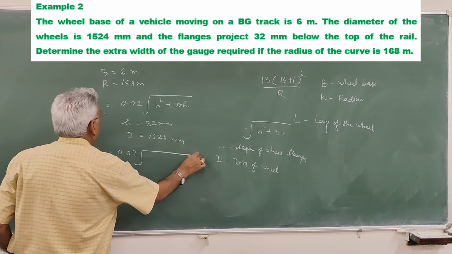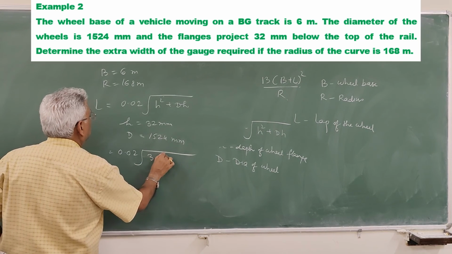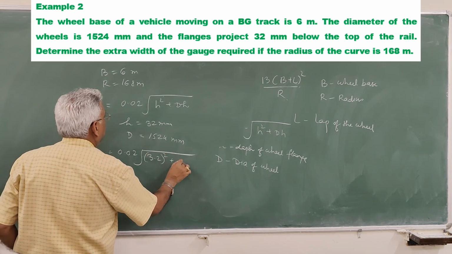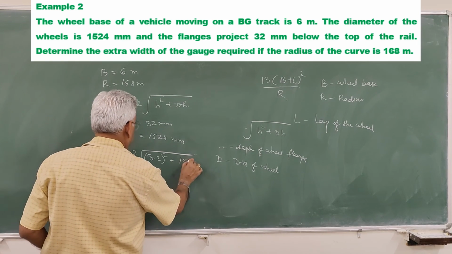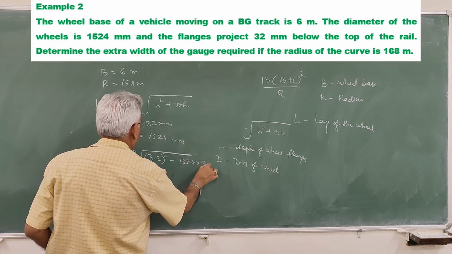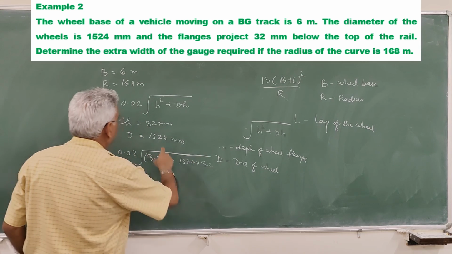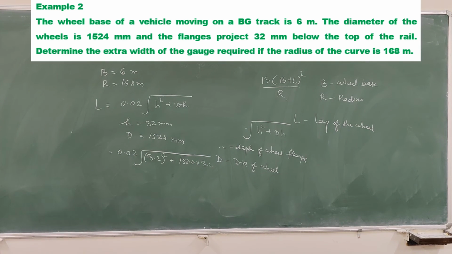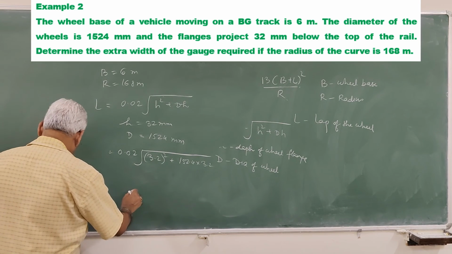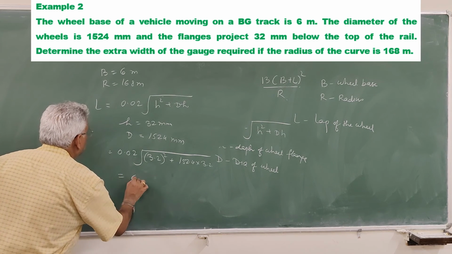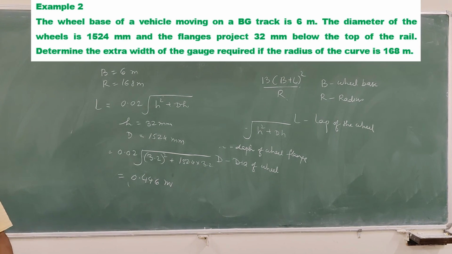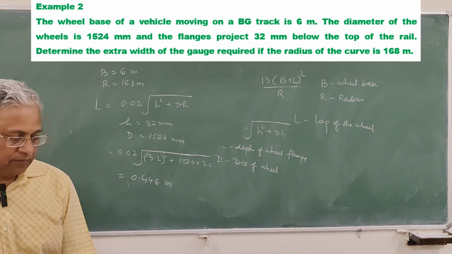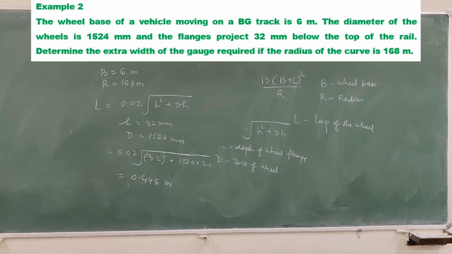Now this is 0.02 square root of (3.2 centimeter)² plus D, 152.4 multiplied by 3.2. h and D are taken in centimeters. Now this is 0.6446 meter.